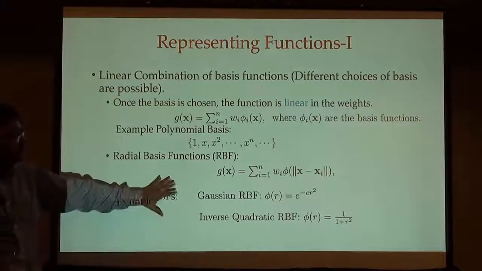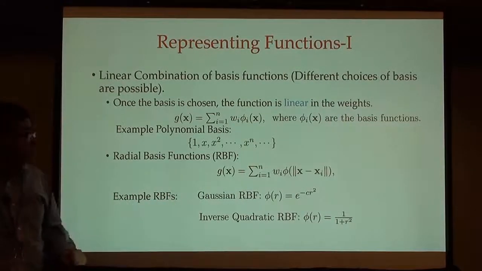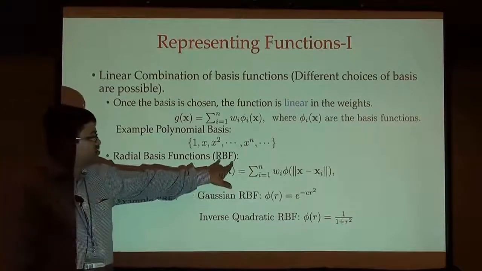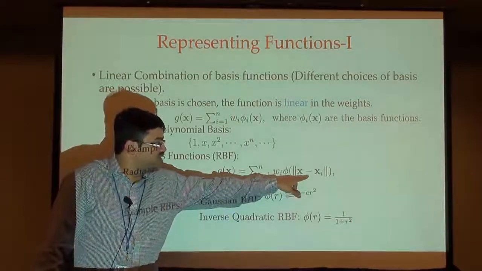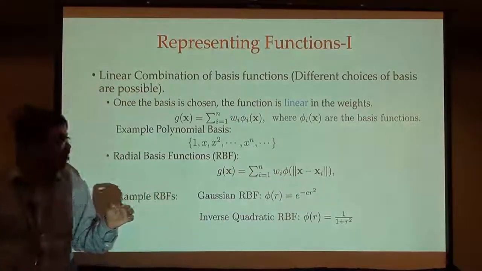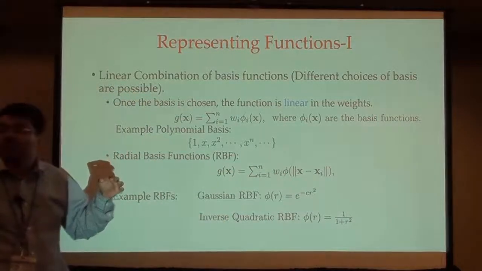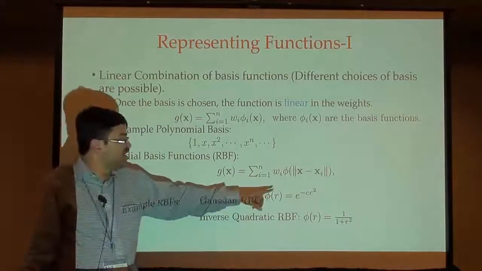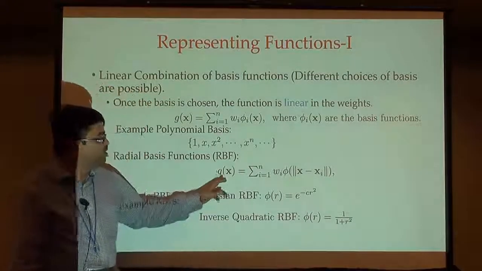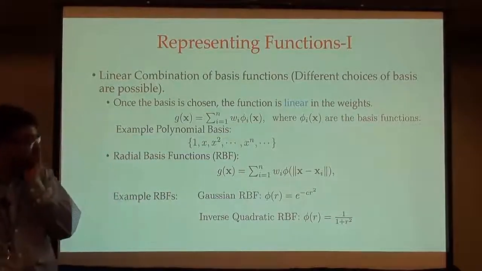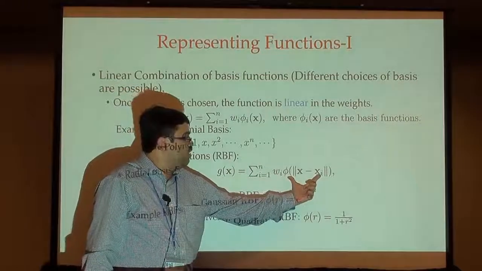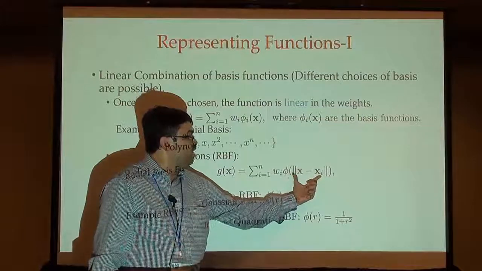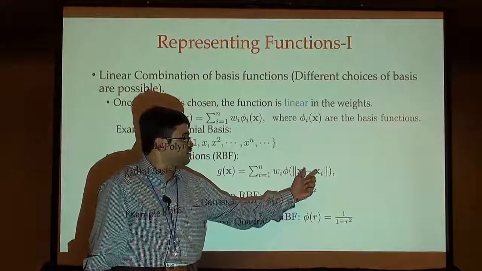The other class, which is very strong, useful and popular in machine learning, and I am just mentioning it here, I will not really use it anywhere, is known as radial basis functions. So what this does is it says that you have your data points, right, and you have the values of your function at the data points. What it says is that at any given point, the value of your function is some weighted combination of a decaying function of the values at the given points.